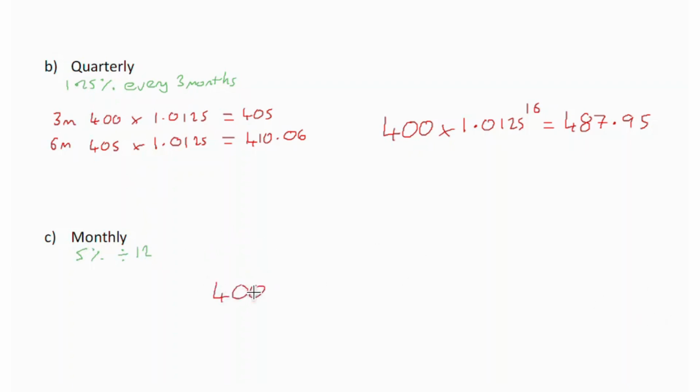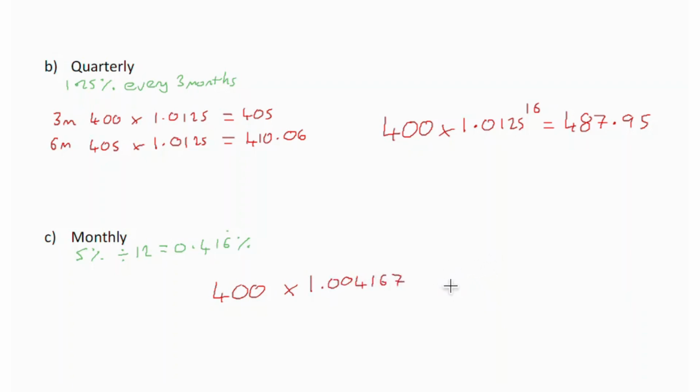So 400 times by, well, 5% divided by 12 is equal to 0.416 recurring percent. So what is that as a decimal? It is 1.004166, let's say 7.